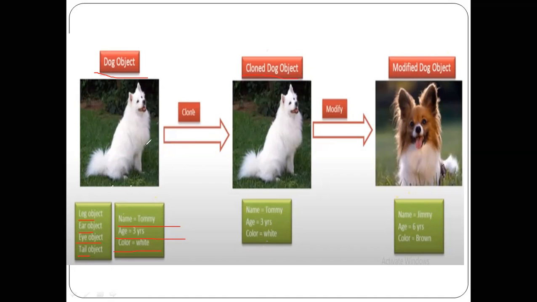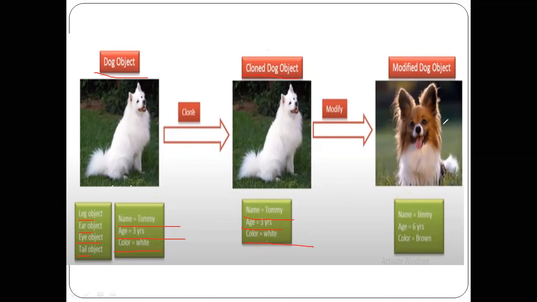After copying this dog object, we automatically get the same features with the same data as the original dog has. After cloning this object, we are going to modify this dog object.